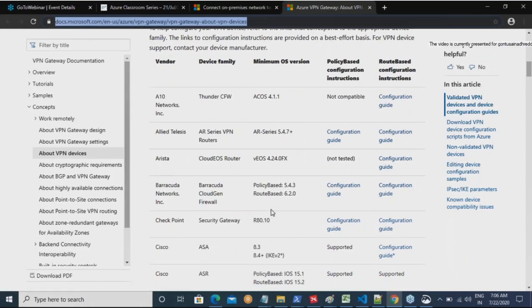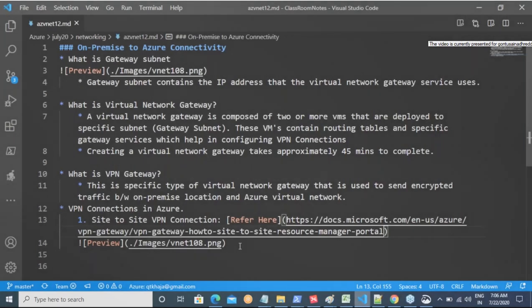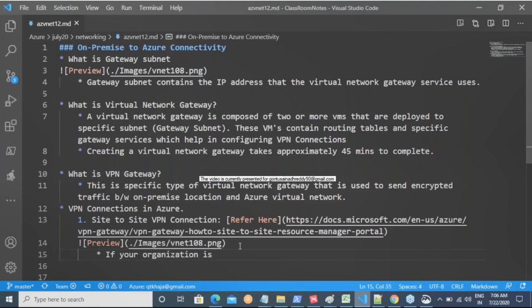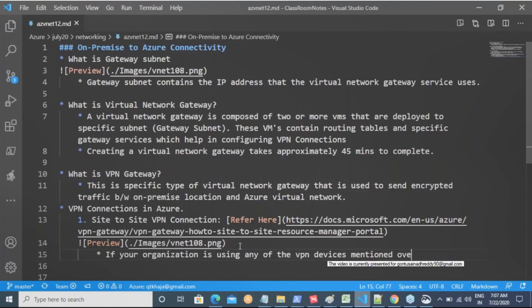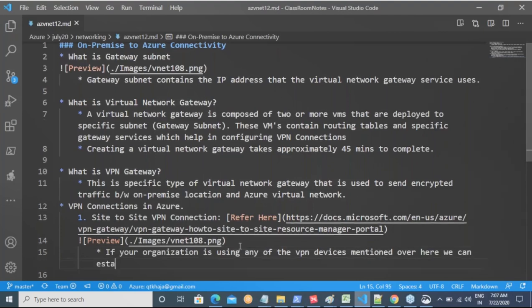If your organization is using any of the VPN devices mentioned over here, we can establish site-to-site VPN.